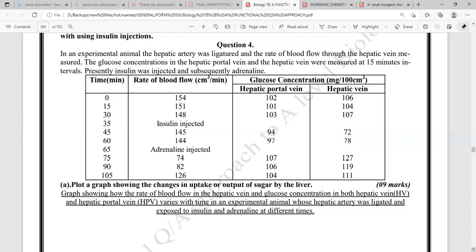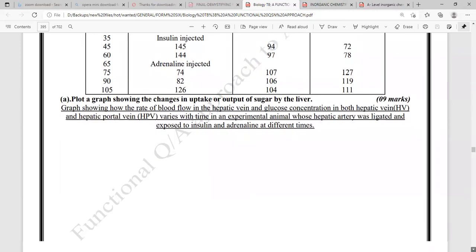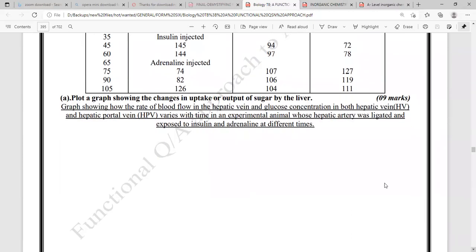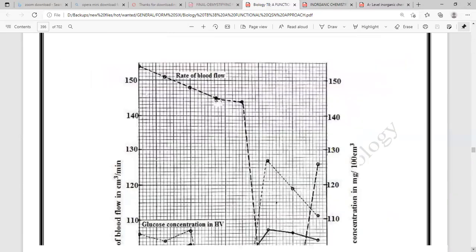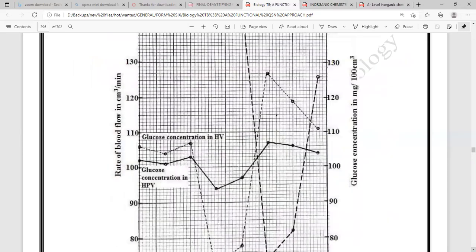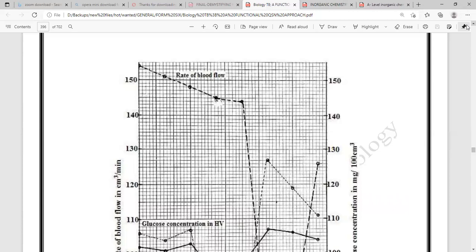So you have the table and are required to plot a graph that shows the changes in the intake or output of sugar by the liver. You look at the graph. It looks like this. So plot this graph. When you are plotting a graph, you expect to have a title.